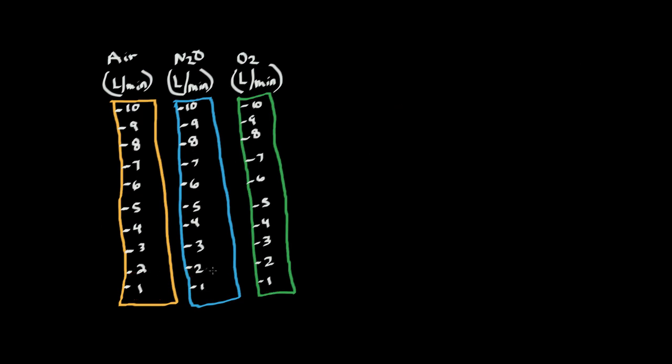Okay, let's do another example. Let's adjust our flow meter to read 1 liter per minute for each gas. So 1 liter per minute of oxygen, 1 liter per minute of nitrous, 1 liter per minute of air. Okay, let's write our formula.